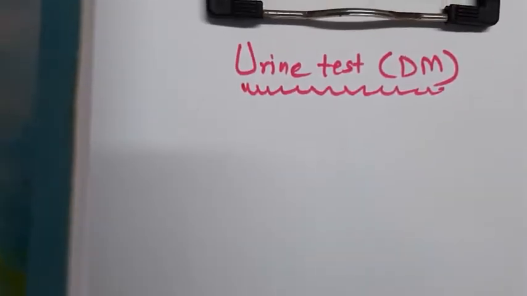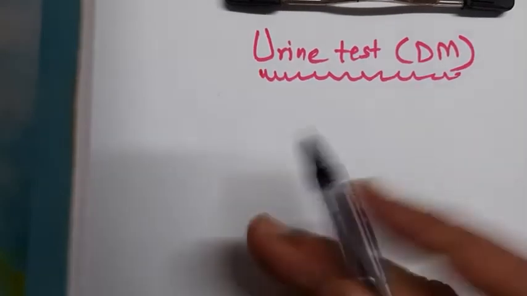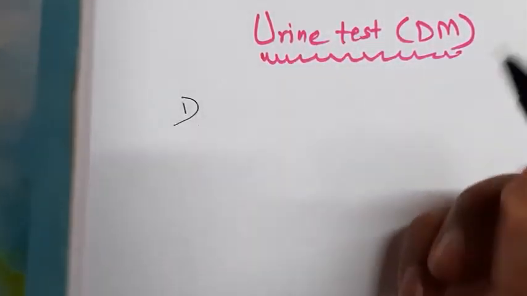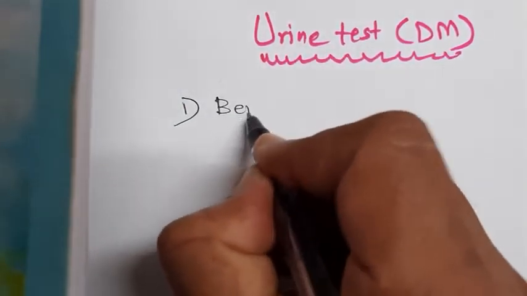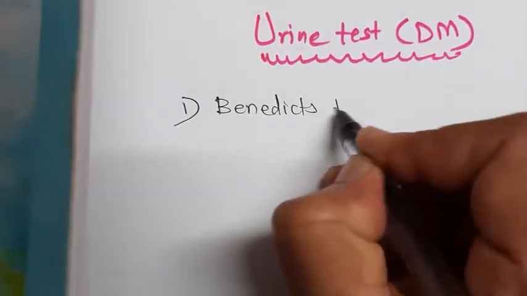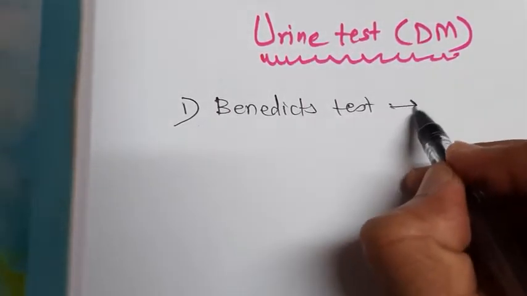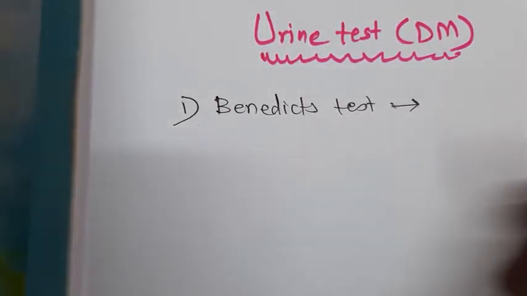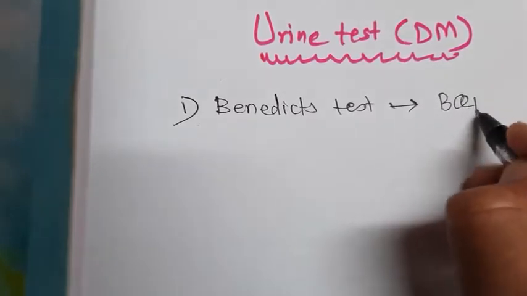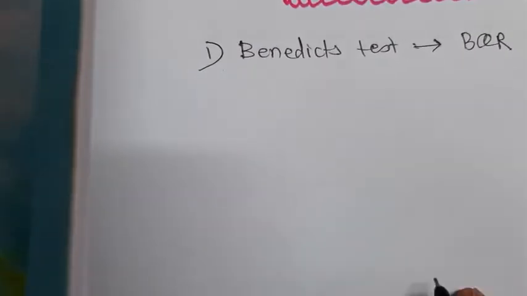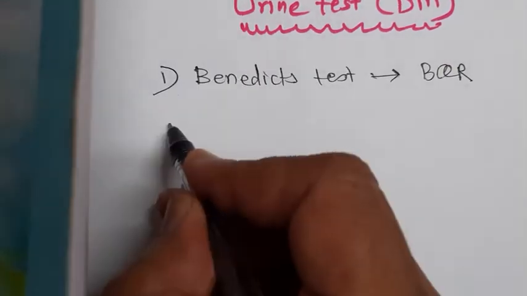One important test is the Benedict test. It is a very sensitive test for urine sugar. You can use Benedict's qualitative reagent, a routine test you do in the laboratory.